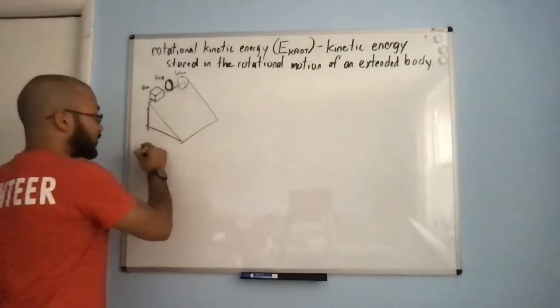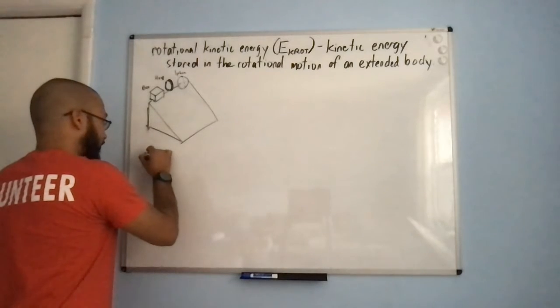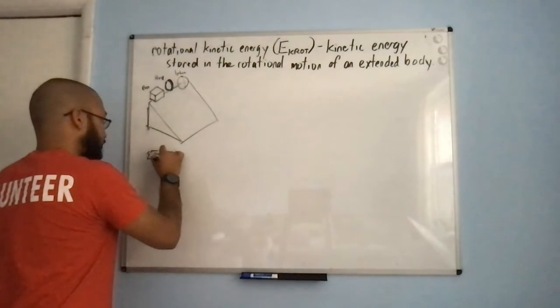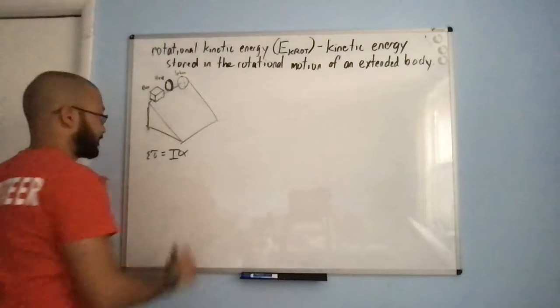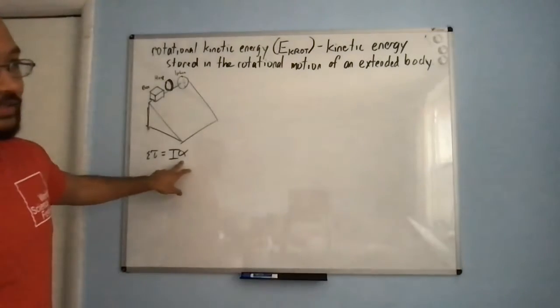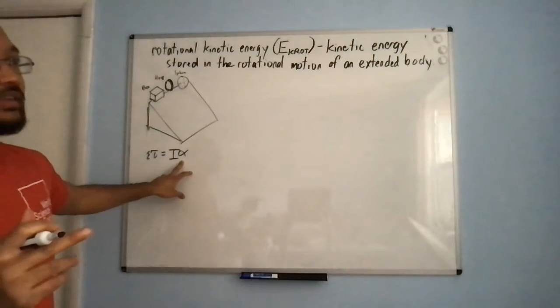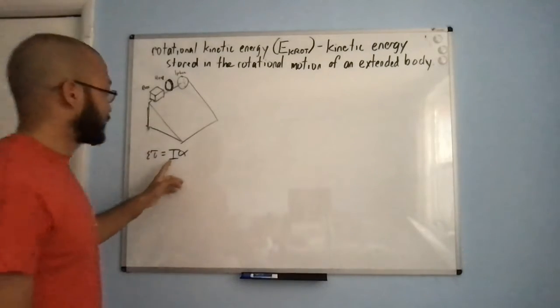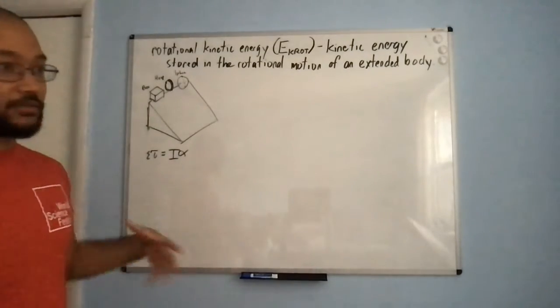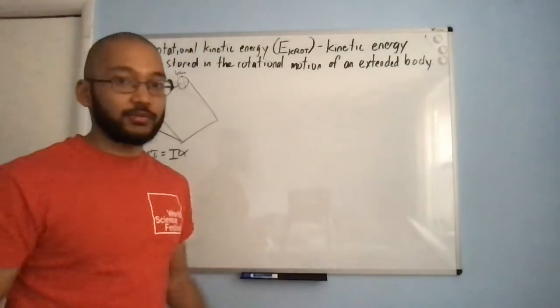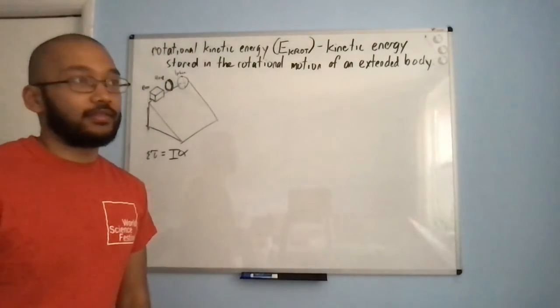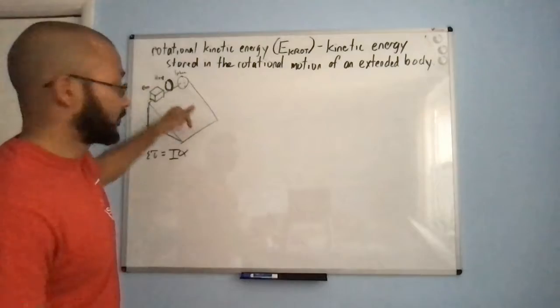You can use our old friend rotational Newton's second law. The one with the highest rotational inertia is the one that's going to accelerate the least, rotationally, and it's going to take the longest to roll down the ramp.